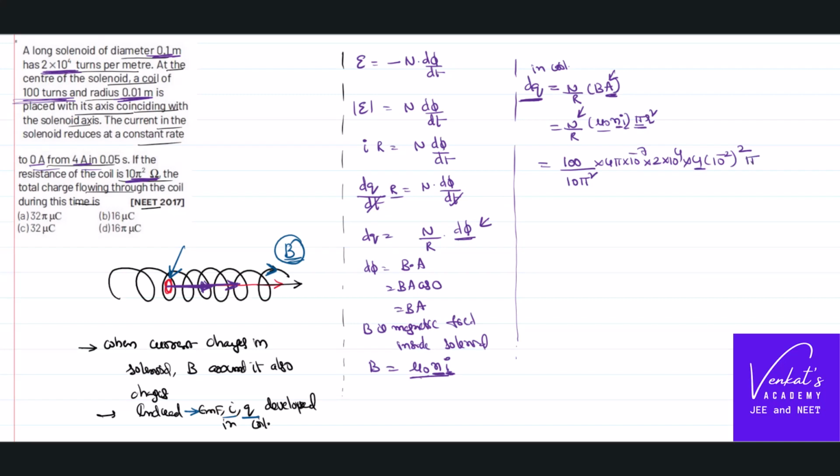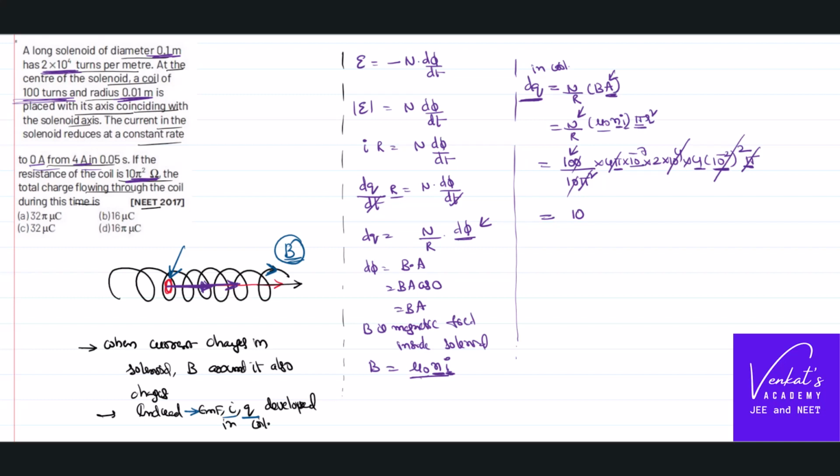Let us see what can be cancelled in this equation carefully. There is a pi and pi square in the numerator, and a pi square in the denominator, that can be cancelled. 10 power minus 2 whole square is 10 power minus 4, which can be cancelled with the 10 power plus 4. So what is remaining? In the denominator there is only 10 remaining.